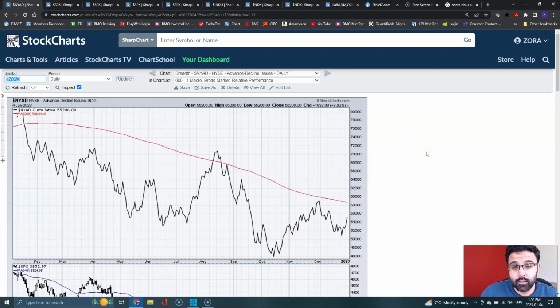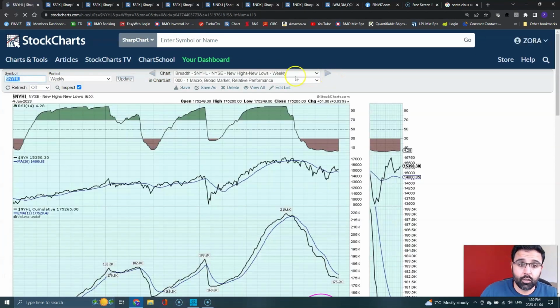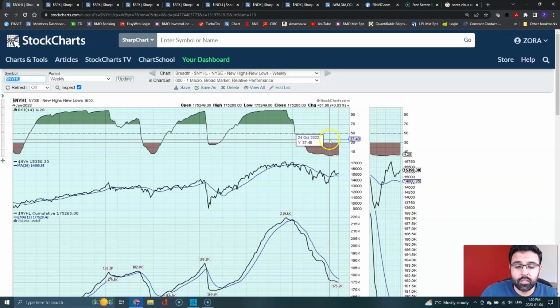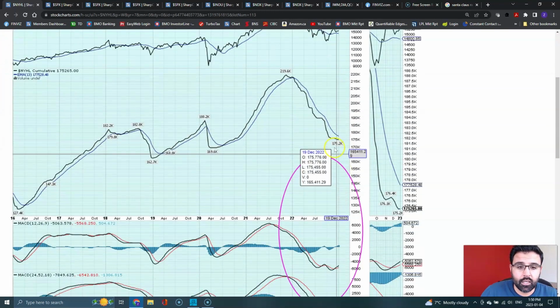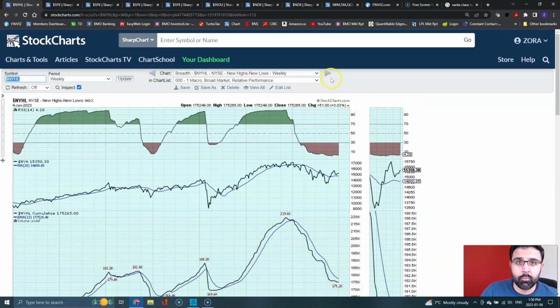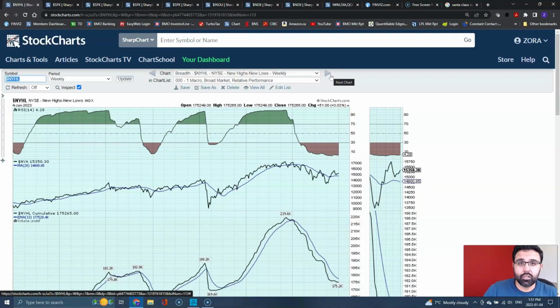This is good because that means that there could be more strength to come. Again, here's new highs minus new lows. We're seeing it come together and a positive divergence. So there's some factors at play. It may be limited to just the industrials, the old school names, and not so much to tech. That's where my trade could get caught offsides, is I'm not in the industrials, healthcare, the old school names. You know, tech is really out of favor right now. So we'll see how that goes.